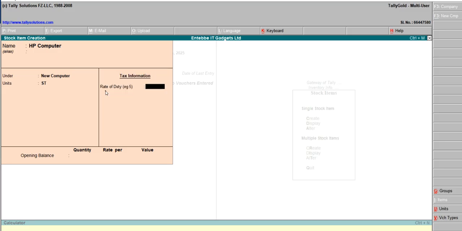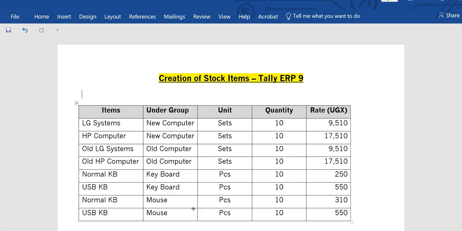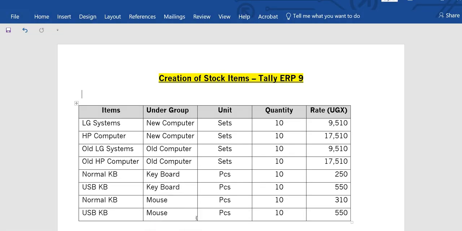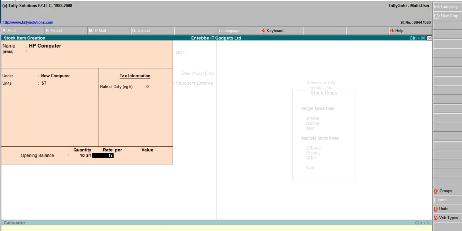Rate of duty, let's ignore it. Opening balance is 10. What is the rate? The rate is 17,510 per set. Accept.